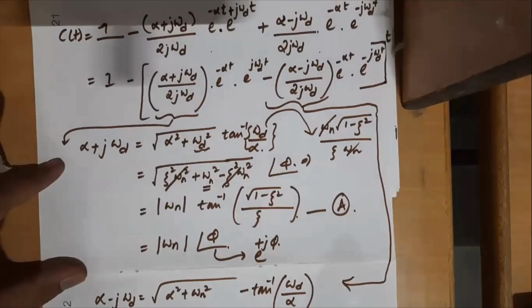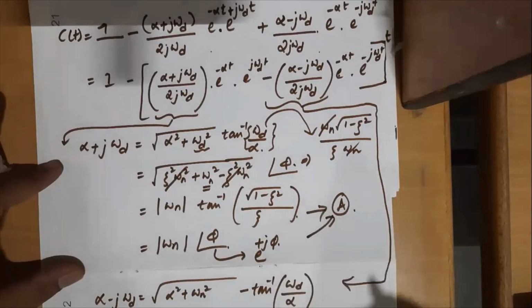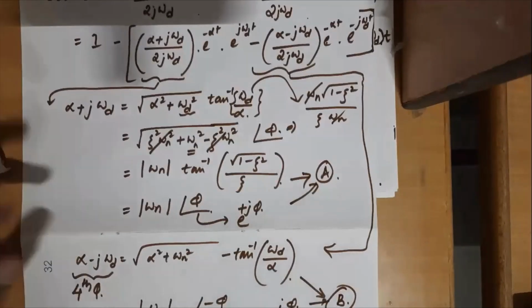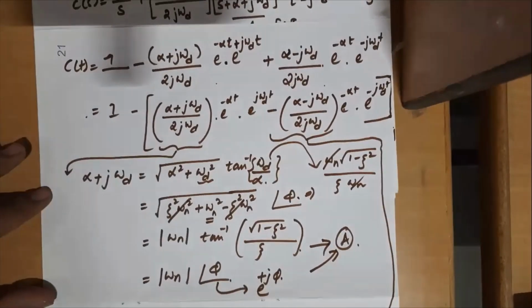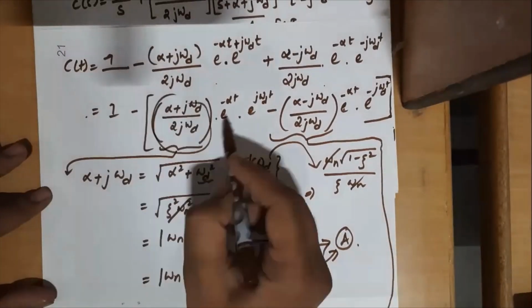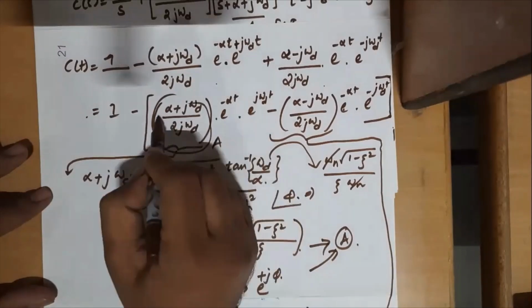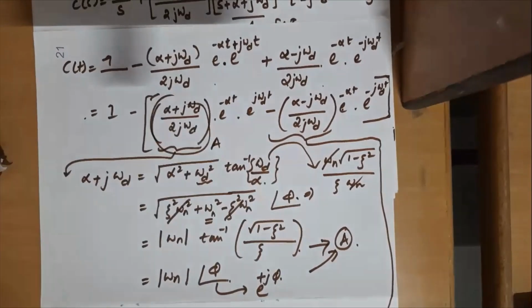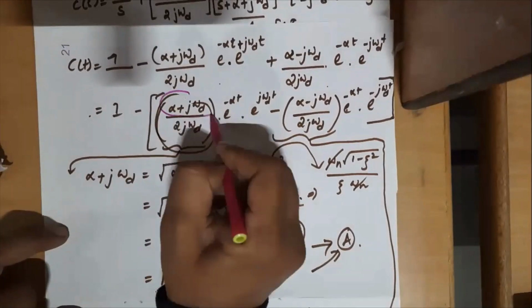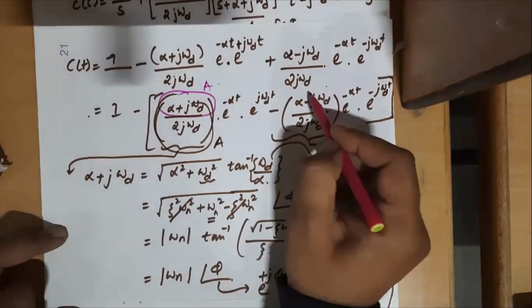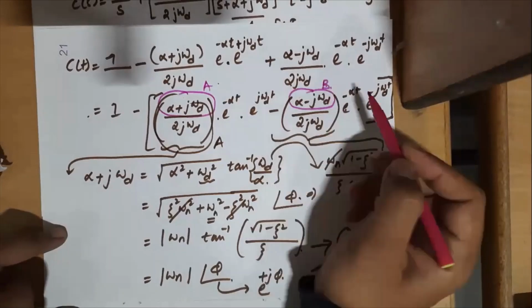But still the j term in the denominator is present, so I will fit it into some other expression. Let us see where we can fix that j in the denominator. Sorry, only the numerator is a, and this numerator is b.